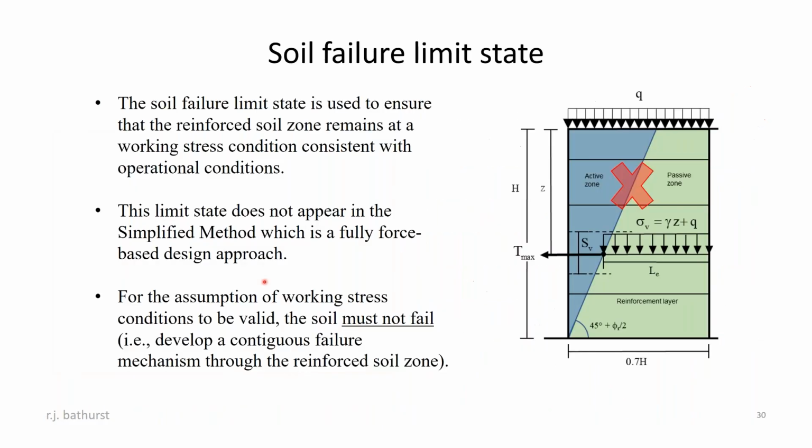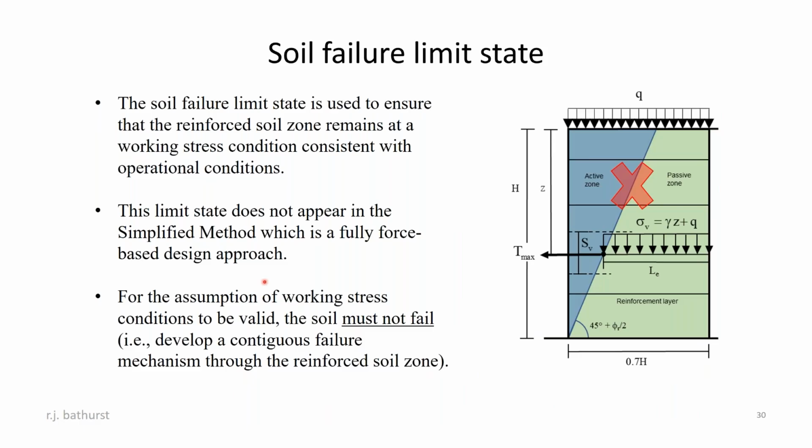A unique feature of the stiffness method is what we call a soil failure limit state. The stiffness method was developed with the assumption that the soil was at a working stress or serviceability stress condition. It was not at limit equilibrium.